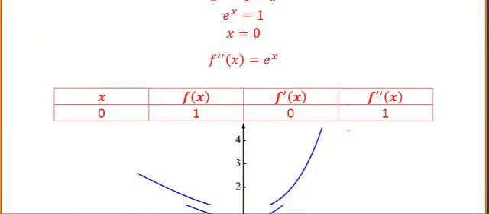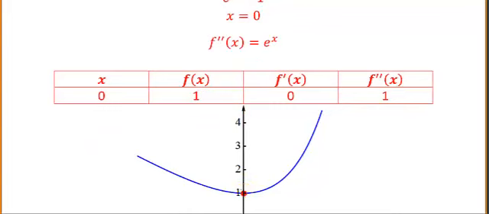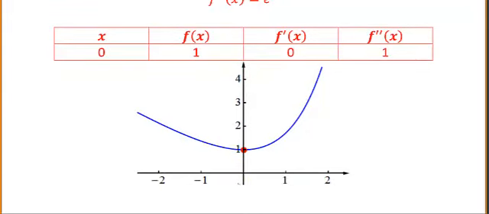Okay, let's take a look. I have this all worked out. So notice here at x equal to 0, the first derivative was 0, we had a stationary point. The second derivative was positive, we're opening upward, so we have a relative minimum. The minimum value that we have there at 0 is 1.